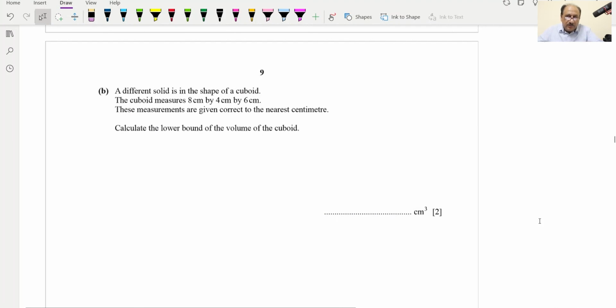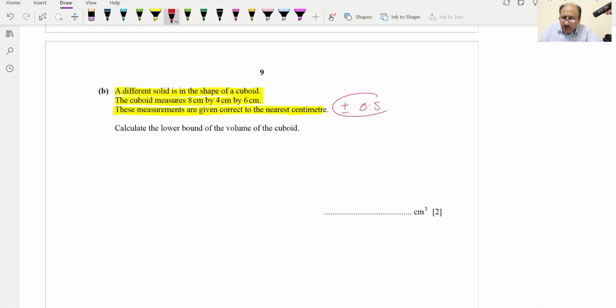Now part B: a different solid is in the shape of a cuboid. The cuboid measures 8 centimeters by 4 centimeters by 6 centimeters. These measurements are given correct to the nearest centimeter, which means half a centimeter.